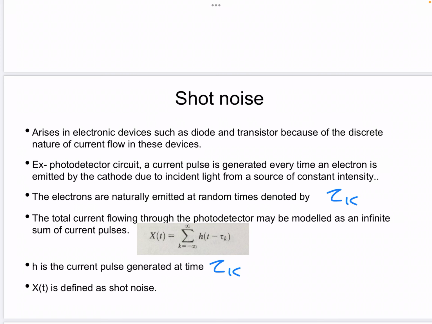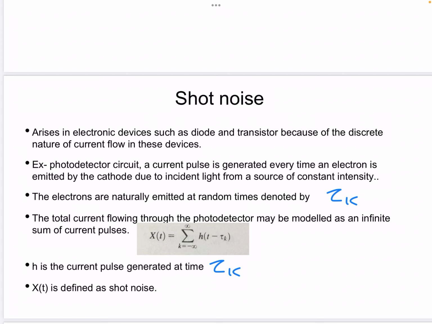These electrons are naturally emitted at random times denoted by tau k, where k can have a value between minus infinity to plus infinity. It is assumed that the random emissions of electrons have been going on for a very long time. So the total current flowing through the photodetector may be modeled as an infinite sum of current pulses, as shown in the equation.